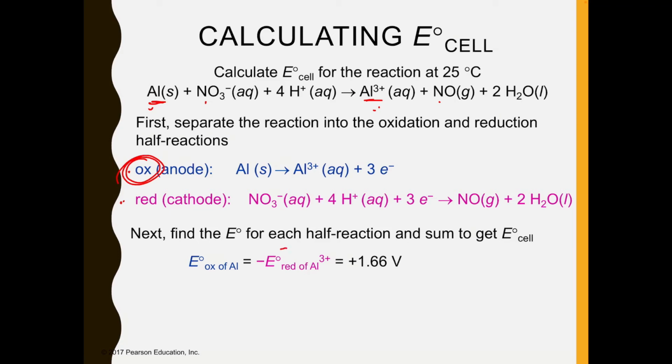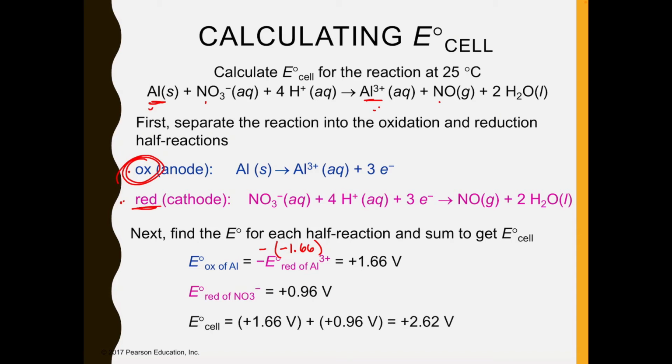Normally this would be negative 1.66 as our reduction potential. In order to make it an oxidation potential, we're going to take the negative of it, and that makes it positive. We can just look up the reduction potential of nitrate because nitrate's being reduced, and write it down. And now to get the E naught of the cell, we're just going to add them together and get our value.